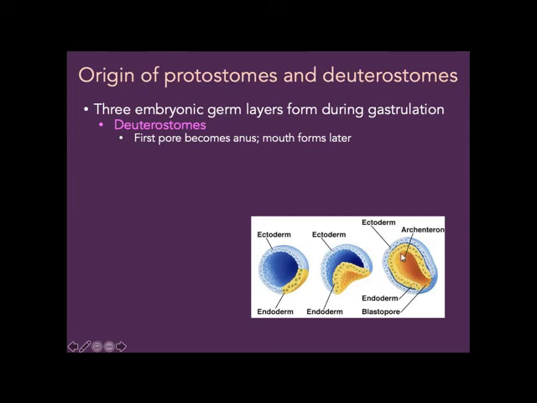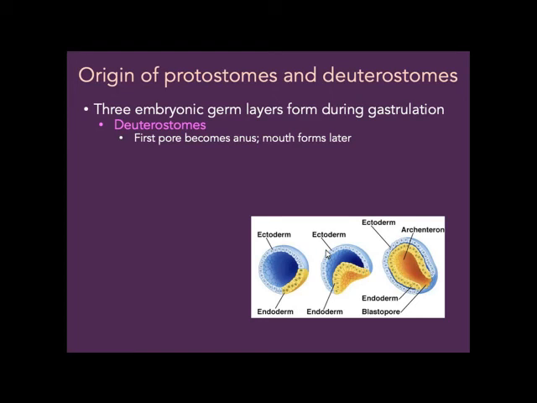So that first little hole could either become the mouth or the anus, right? For deuterostomes, that first pore becomes the anus and the mouth forms later. And this name, instead of it being called proto-anus, which would seem like the first hole becomes the anus, deuterostome just means the second hole becomes the mouth because they're too polite to call it proto-anus or whatever.